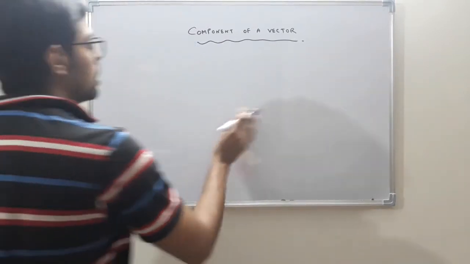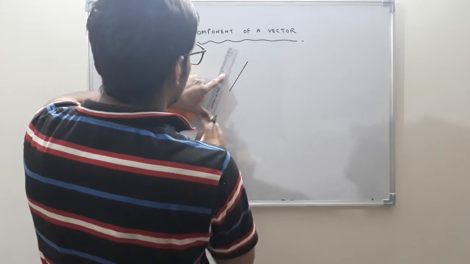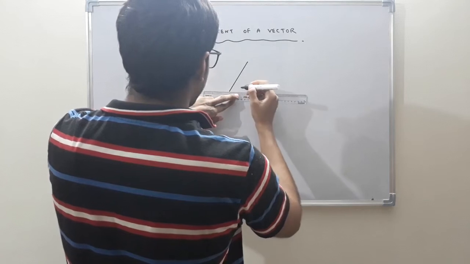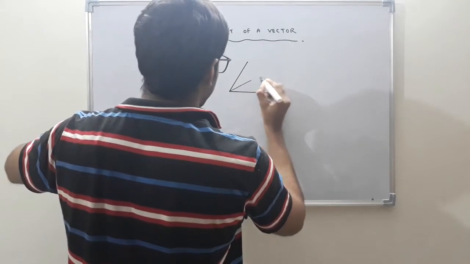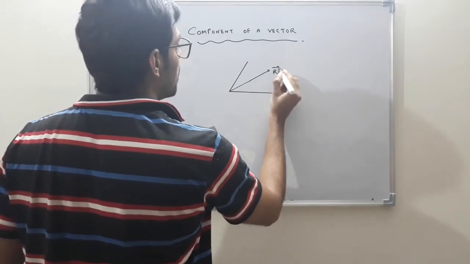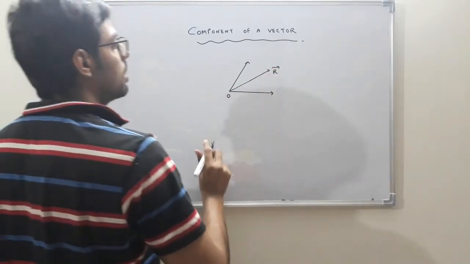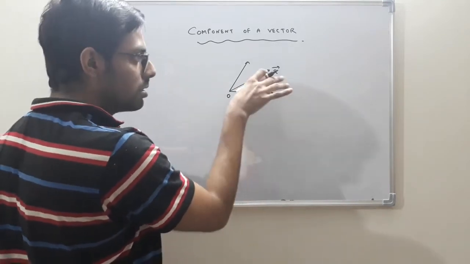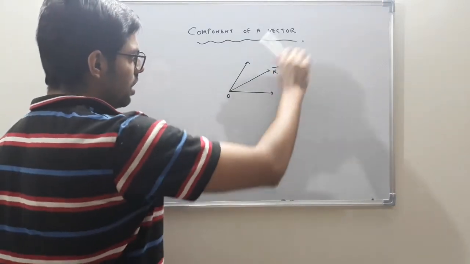Now, let us take the case that suppose you have a vector r vector. This is the point O. You have been asked to find the component of this vector along this direction and this direction.